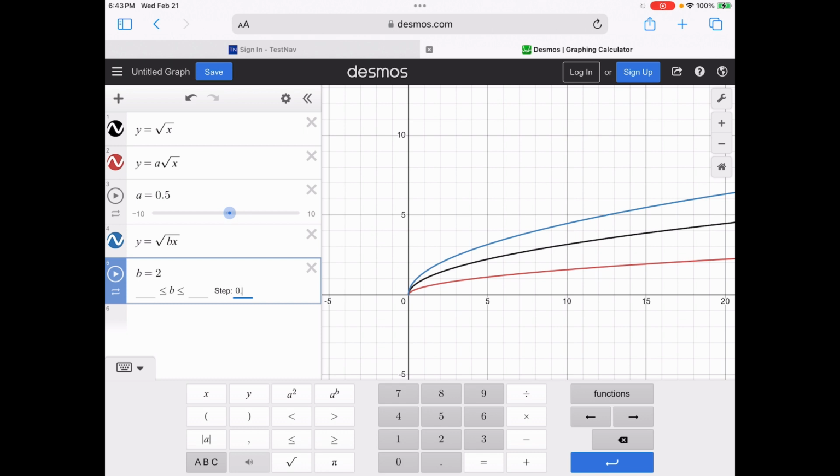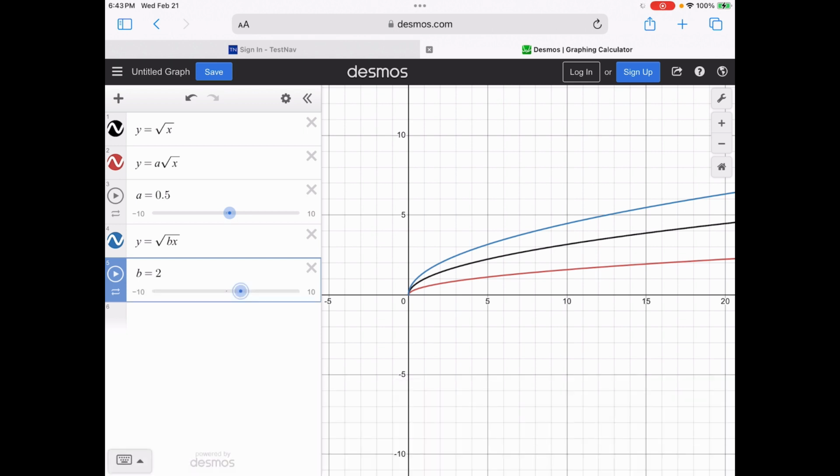There we go. Okay. In other words, 0.25, and look at that, right? It ends up being the exact same as our vertical stretch by a factor of 0.5. So we can achieve the same result as a vertical stretch with a horizontal stretch for these radical functions if we think about the horizontal and vertical stretches correctly, right?